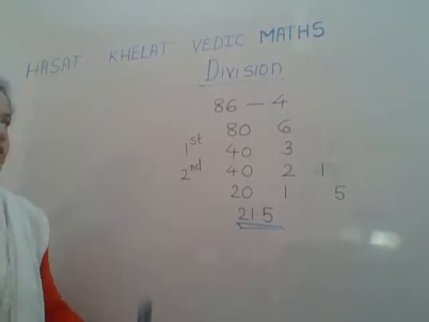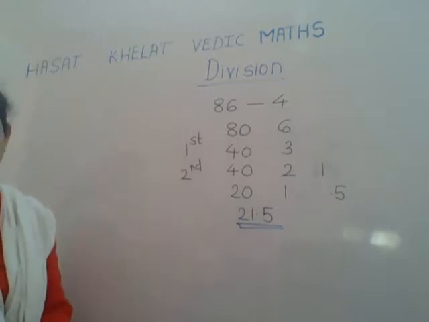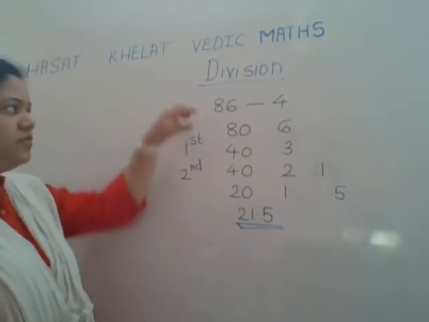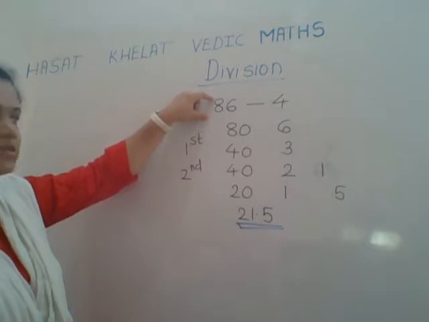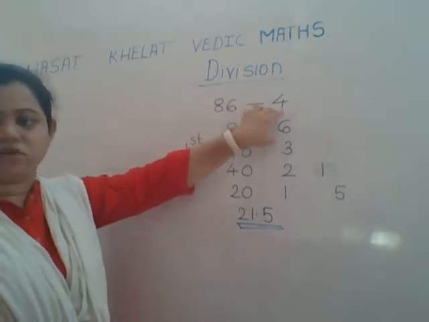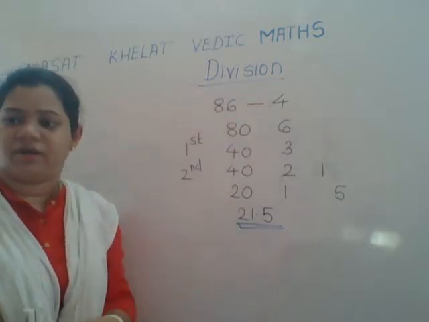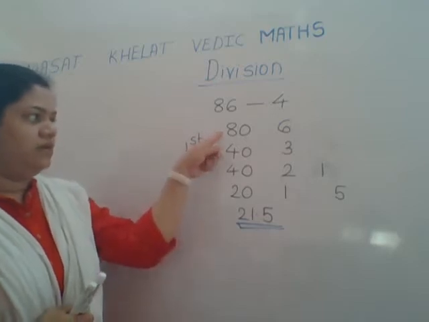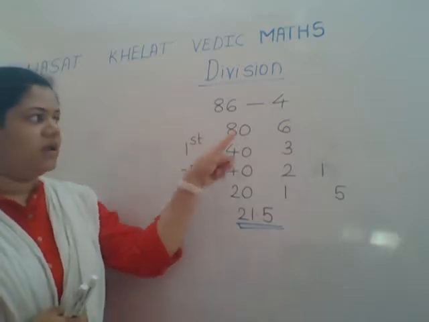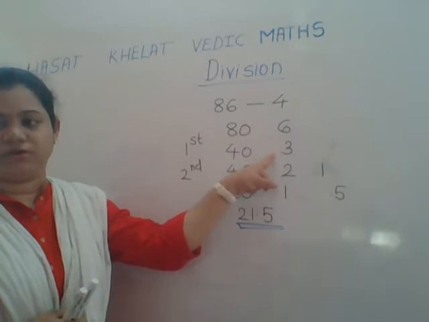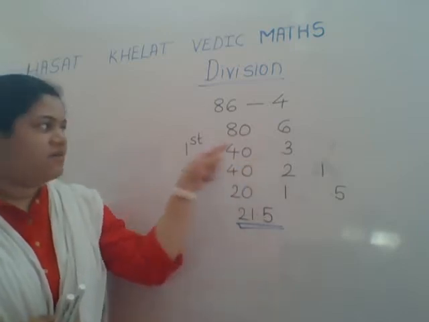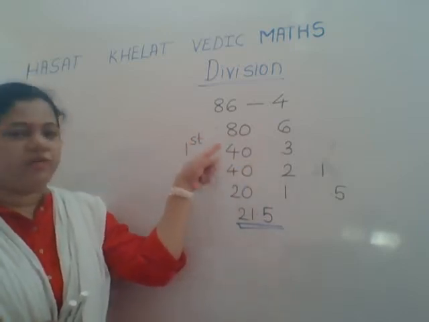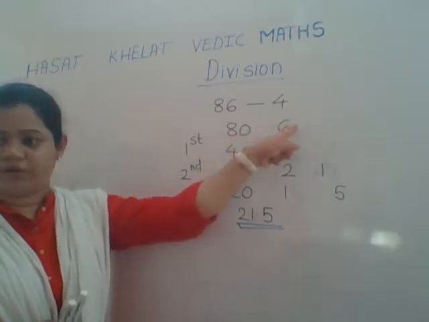Okay, once again I will repeat this. 86 divided by 4. The first step is to split this number. I split this number into 80 and 6, so it becomes easy to half that number. Half of 80 is 40 and half of 6 is 3. Basically we have halved these numbers, meaning we have divided 80 by 2 and 6 by 2.